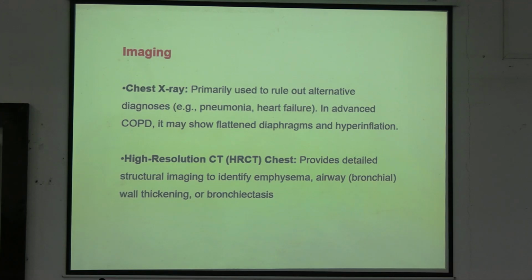For imaging, chest x-ray is important. Chest x-ray primarily rules out pneumonia, heart failure, and COPD. HRCT, high resolution CT of the chest, is also important. It provides detailed structural imaging. By CT, we can see the structure of the lung very accurately and identify emphysema, bronchial changes, and bronchiectasis.